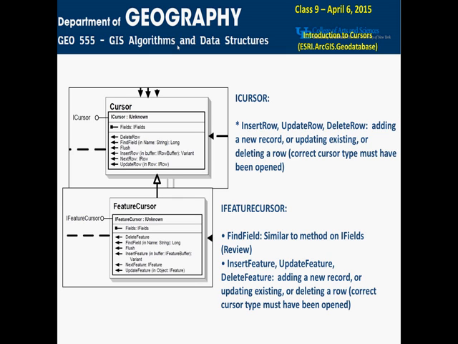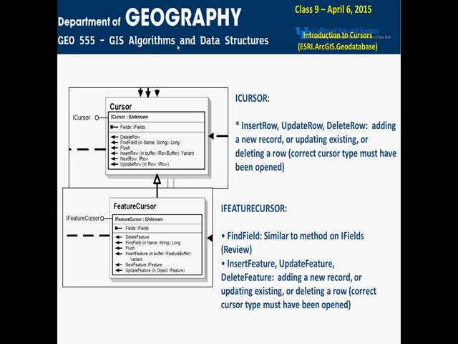So the iCursor is a more generic interface for all types of tables, whether it's a GIS data table or just an Excel table or DBF or a non-spatial data set. And iCursor has methods like insert row, which you would use to add a new record, and delete row.